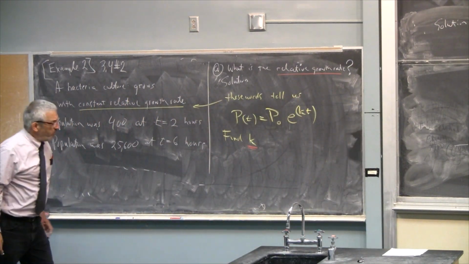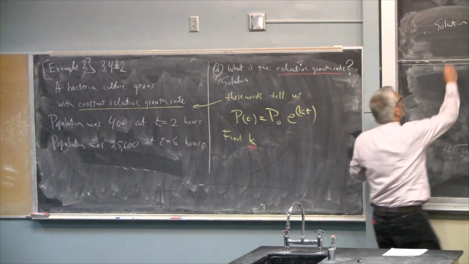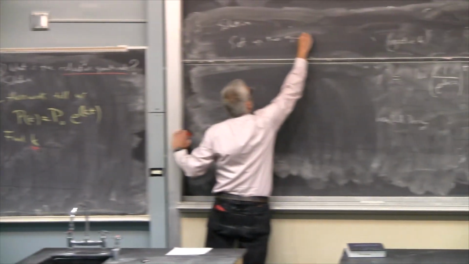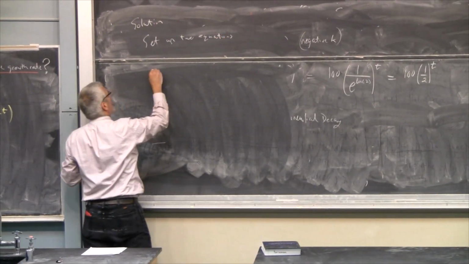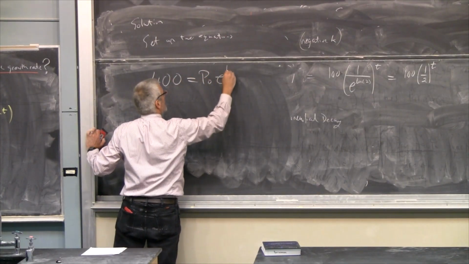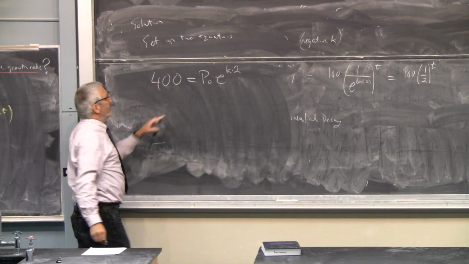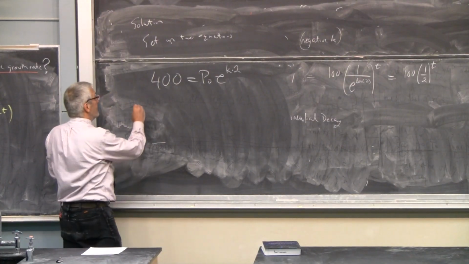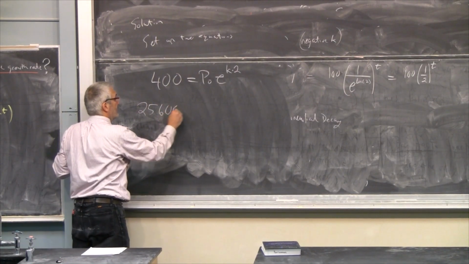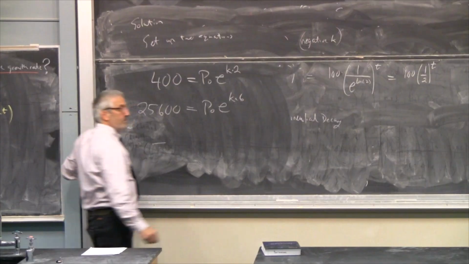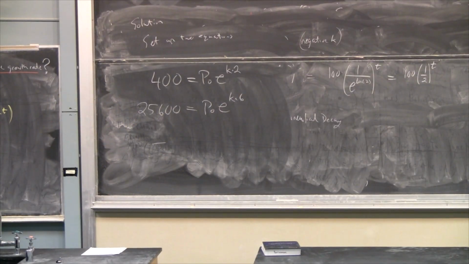Well, we're going to set up two equations. One is the population at time 2 hours is 400. We're told that. We're also told this. That's the translation into mathematical equations, this given information.